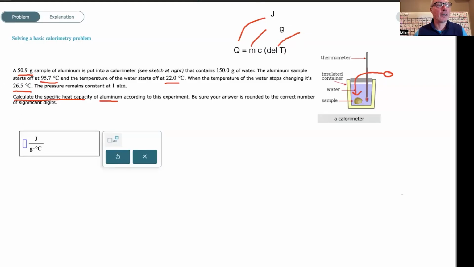So we're going to find that generally the specific heat capacity of anything is most commonly expressed in joules per gram per degree C.